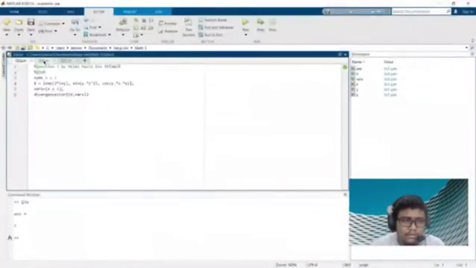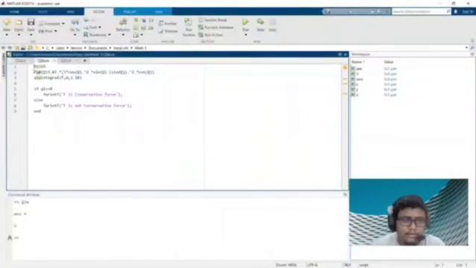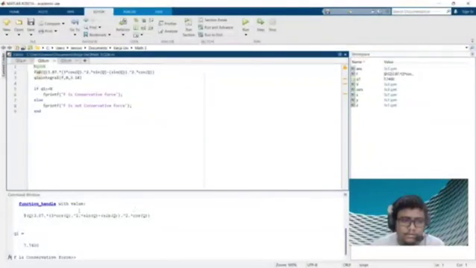So for question 3B, here is our force, and this is the if-else program, where we calculate: if the force is equal to 0, we get the answer that the force is conservative, and else it is not conservative. So let's run. So we get the answer 7.74. The force is a conservative force.